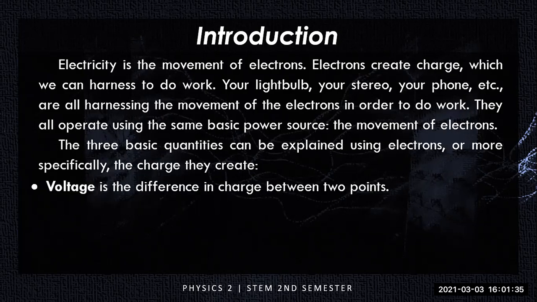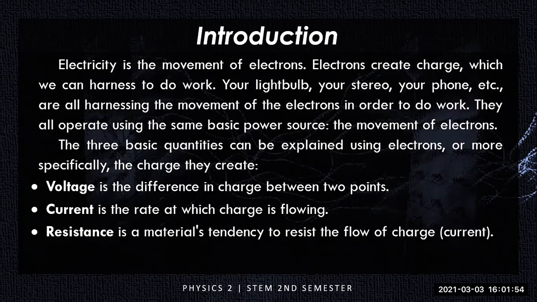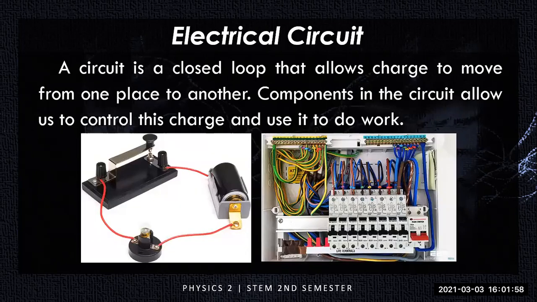So there are three basic quantities. We have voltage. How do we define voltage? It's the difference in charge between 2 points. So there's positive and negative, one with value and one with zero. Current is the rate at which charge is flowing, meaning how fast it moves. And resistance is the tendency of a material to resist the flow of charge.